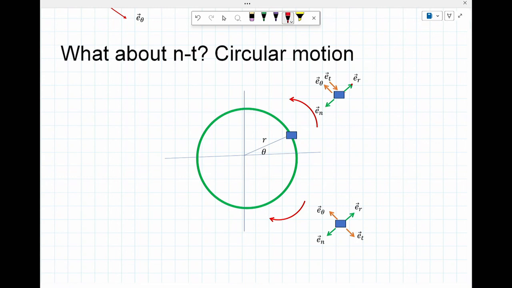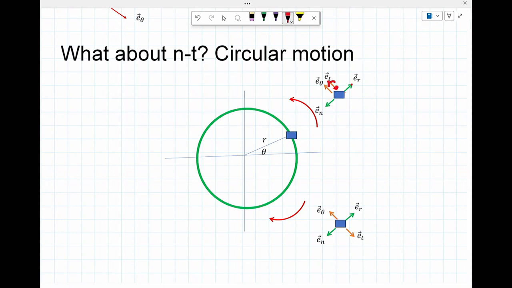E sub t is going to depend, no, E sub t should be going this way. There. E sub t is also going counterclockwise because it's in the direction of motion.